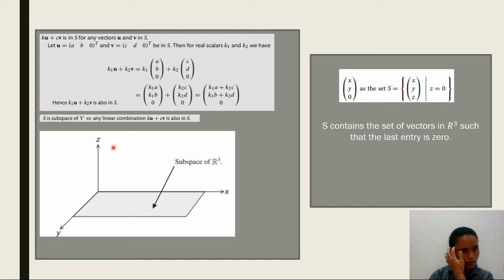So we get k1 times u plus k2 times v is also in S. So as a subspace of V, any linear combination, k1 u plus k2 v, is also in S. So this is an application in 3D.